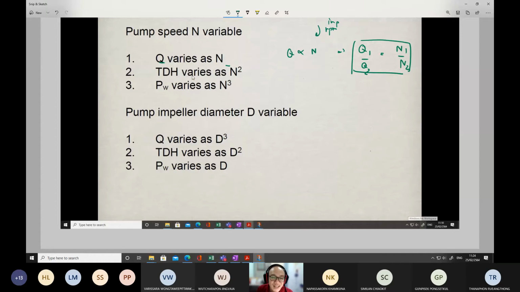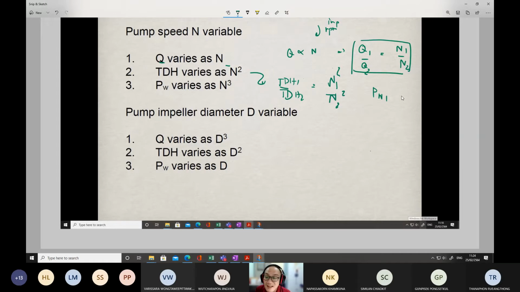And what about the TDH? TDH varies as n square. This gives the relationship TDH1 divided by TDH2 is equal to N1 square divided by N2 square. And what about the power?